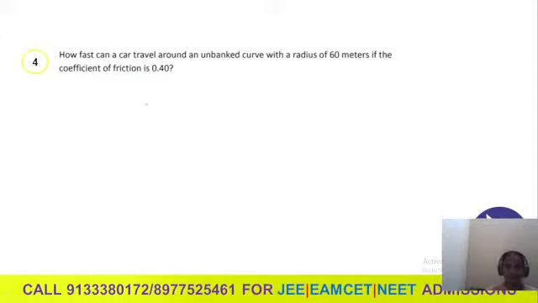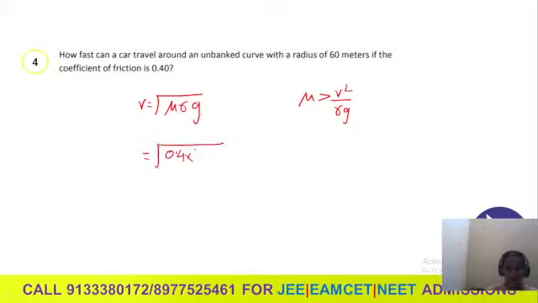So for the speed, we can take mu is at most v square by rg, then v is equal to the square root of mu rg. So we can find, mu value is 0.4, radius is 60 meters, into 9.8. That will be the answer.